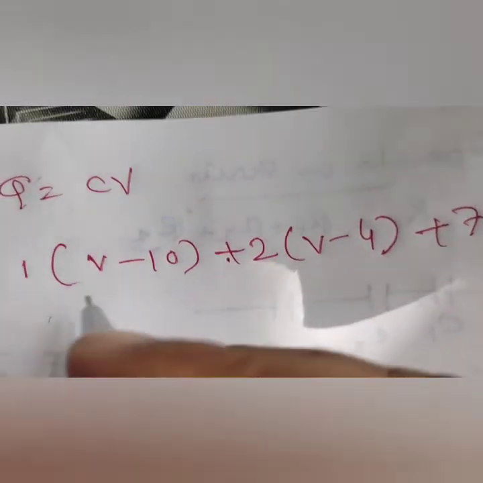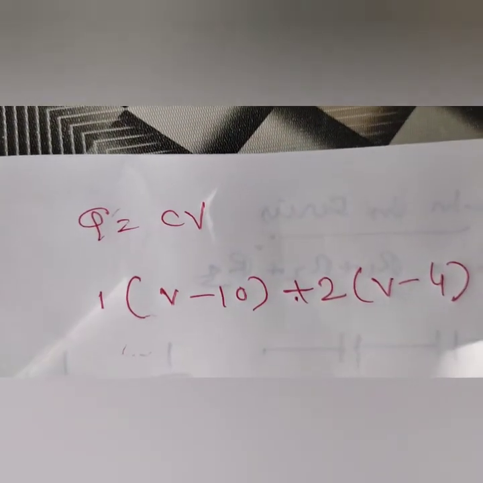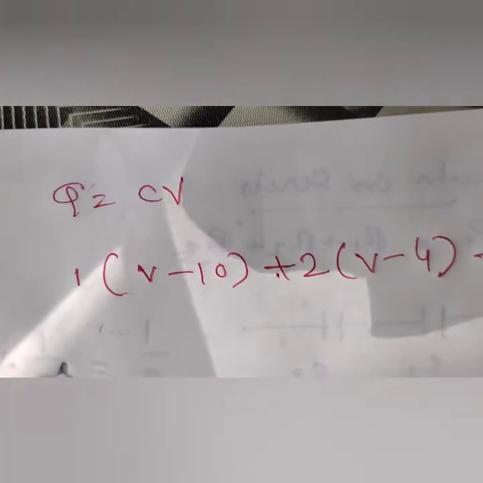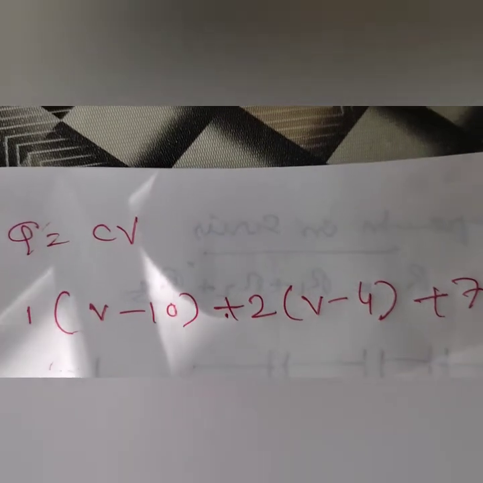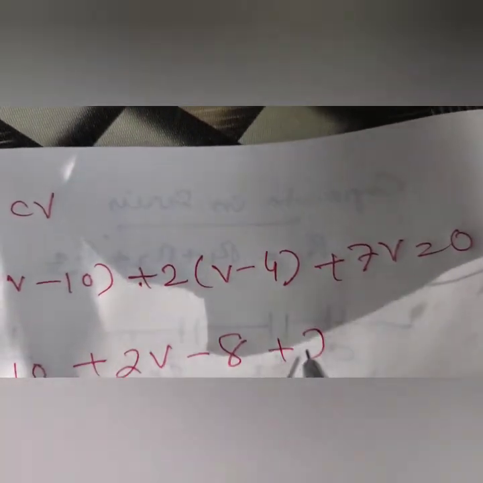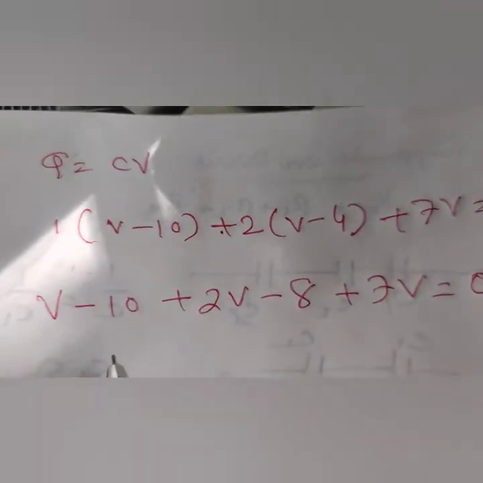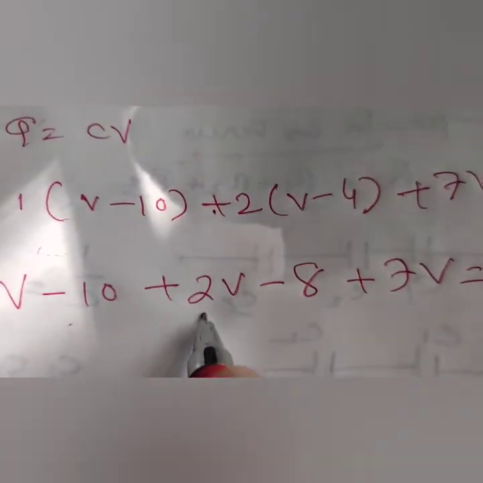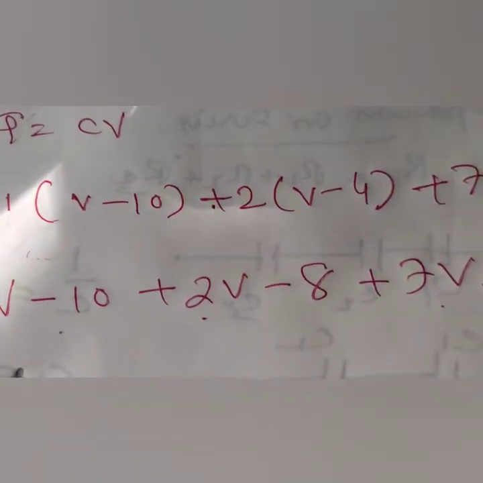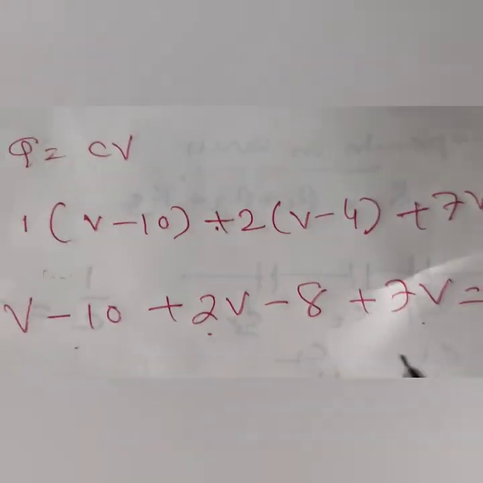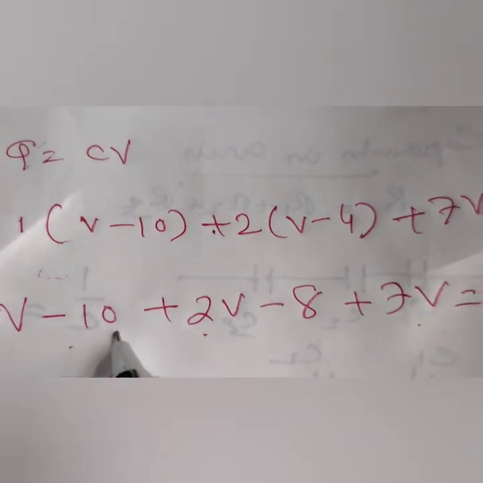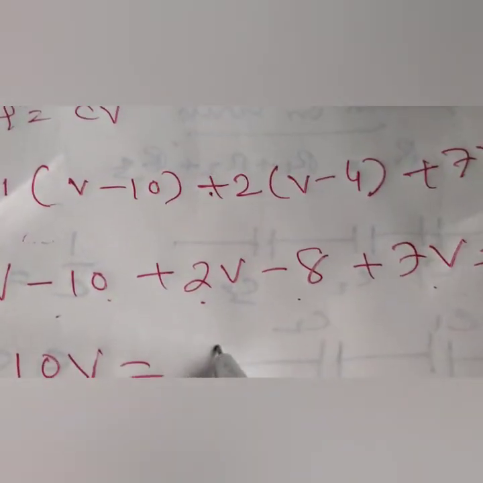Now what we are getting is V minus 10 plus 2V minus 8 plus 7V is equal to 0. That is V plus 2V plus 7V, 10V, is equal to 10 plus 8, 18.